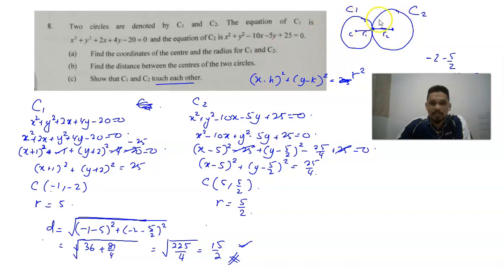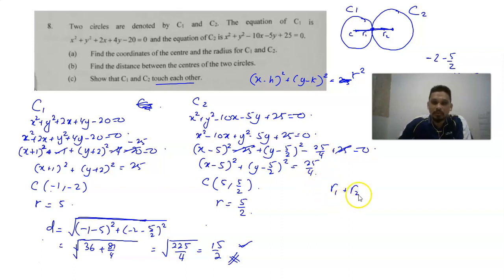Show that C1 and C2 touch each other. So by looking at this picture, the distance between the centers of C1 and C2 equals the summation of R1 and R2. So let's see now.